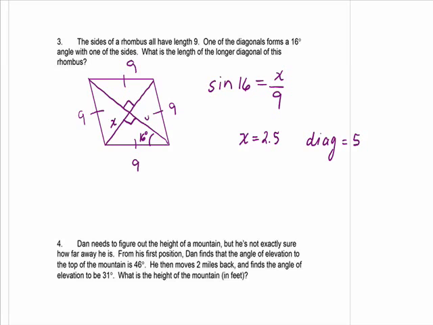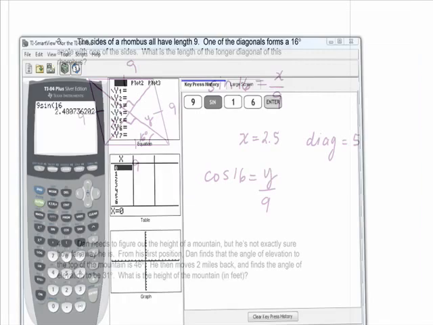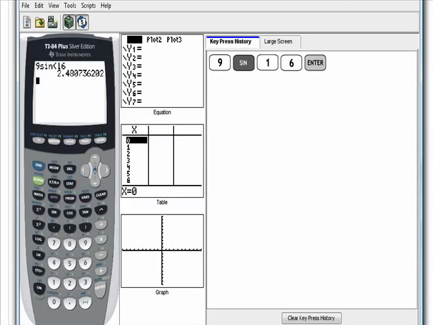I'm going to go ahead and call this other side y and write a trig ratio to solve for y. Cosine, adjacent to hypotenuse. Great, so we'll say cosine of 16 is adjacent y over hypotenuse 9. Go to your calculator and hit 9 cosine 16.